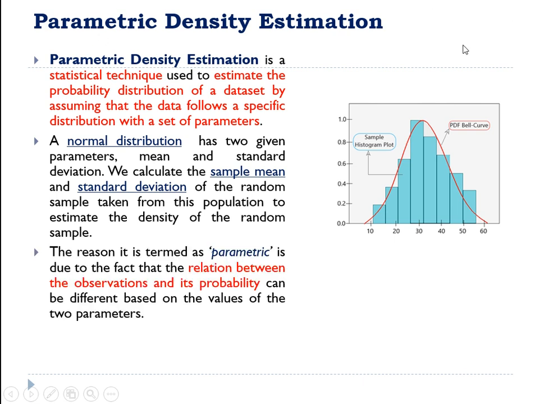So the next question is, why do we say parametric? It is because the relationship between the observations and their probabilities can be different based upon the parameters. That's why we say parametric density estimation.